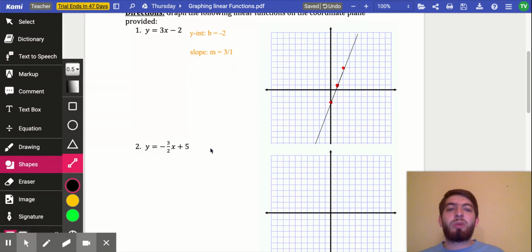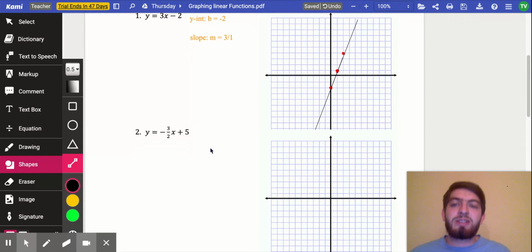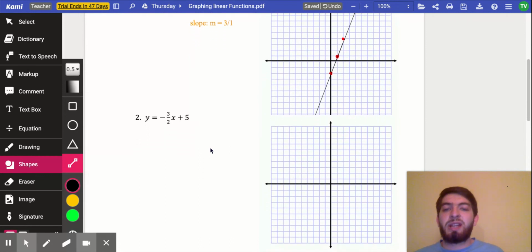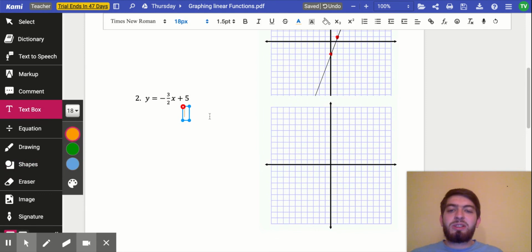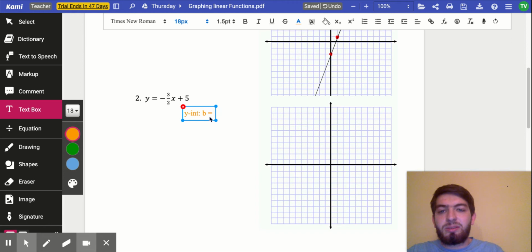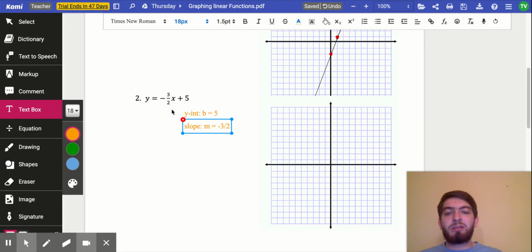We'll do a couple more examples, and we're going to look later at scaling these things because that's going to come in handy next week. So in this example, we know that the y-intercept, where we're going to begin, is b equals 5. And we know the slope, how we're going to move from there, is m equals -3/2, meaning we're going to go down 3 and right 2, or up 3 and left 2. Both of those are perfectly fine.